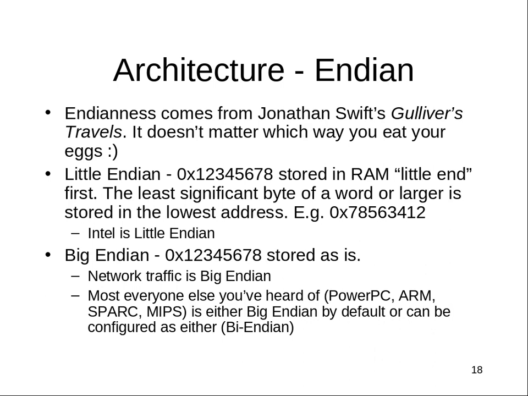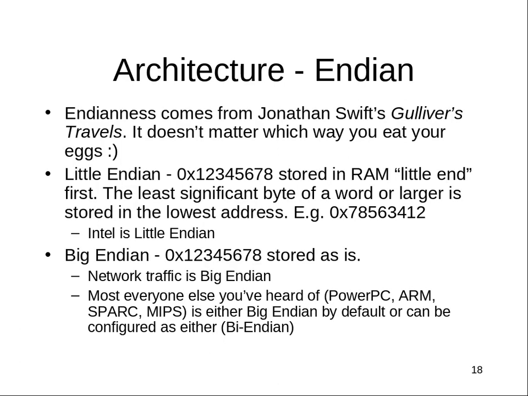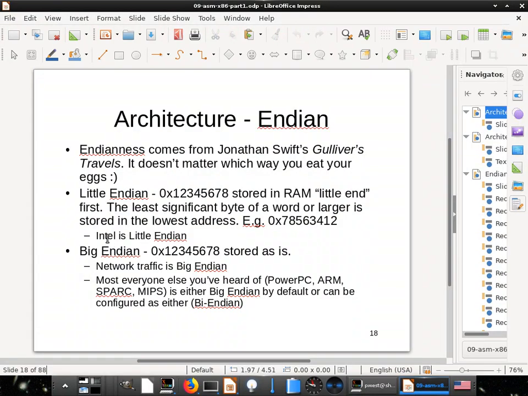All right, hey, we talked about endianness, didn't we? Yes, great. Little endian, big endian. I actually like this picture in the slide because I think it really does help. So, little endian.